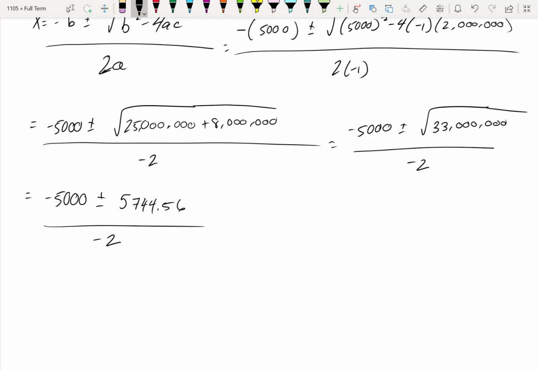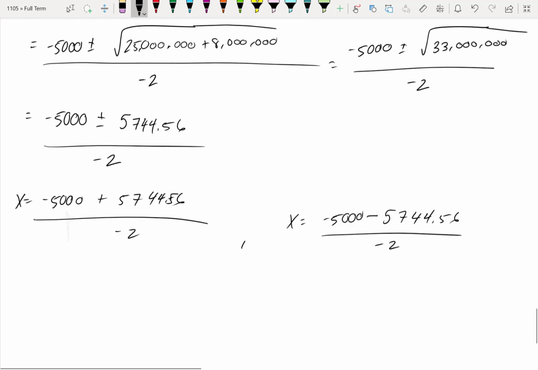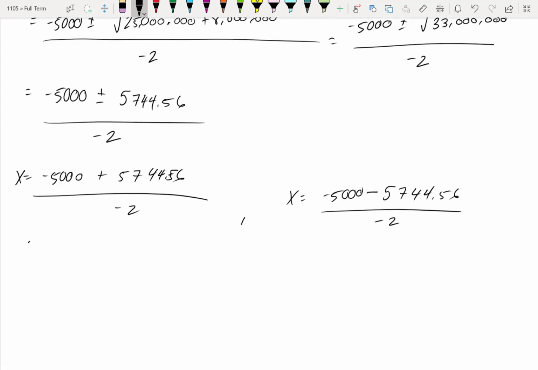Since we have that plus and minus in between, we need to separate our equations. We'll have x equals negative 5,000 plus 5,744.56 over negative 2, and x equals negative 5,000 minus 5,744.56 over negative 2. When we plug our first one into the calculator, we get negative 372.28.